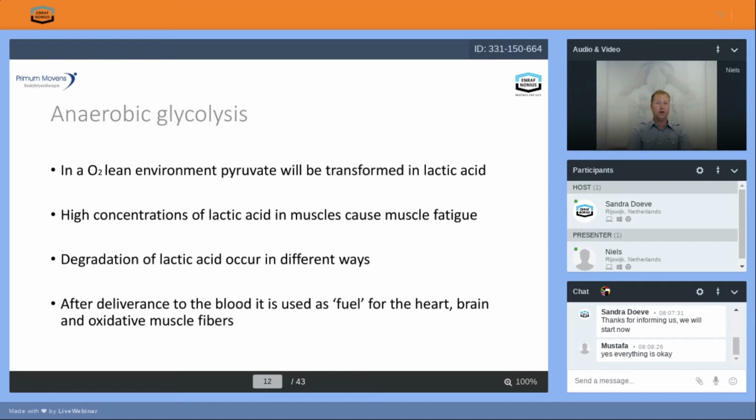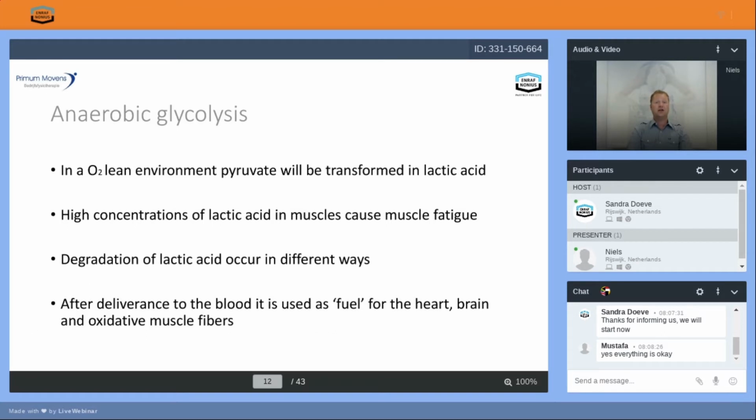There are different ways in which it will be degraded from your body. It will be transported to the blood, and when you have lactic acid in your blood, it's used as fuel for the heart and the brain. Your heart and your brain use lactic acid as an energy source to be active.